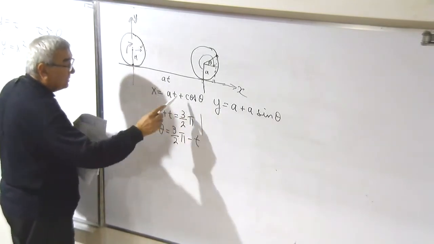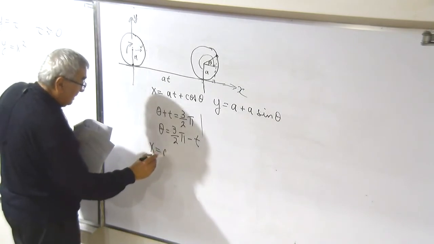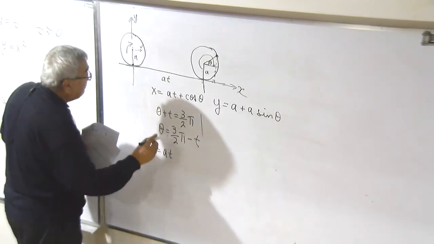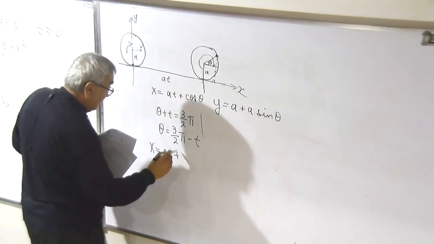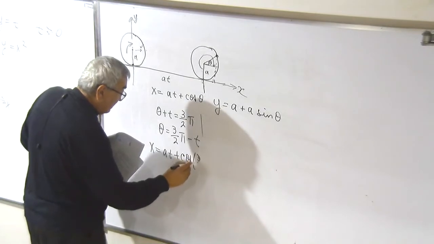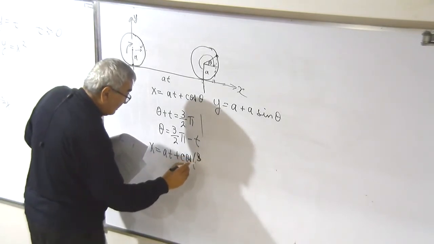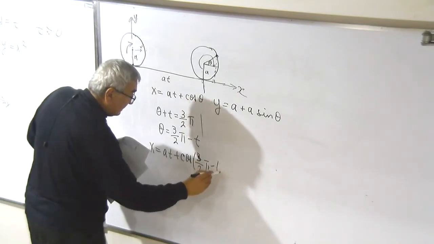Now I substitute here. The x will be a t, because the center of mass moves with constant velocity, plus cos of 3 by 2 pi minus t.